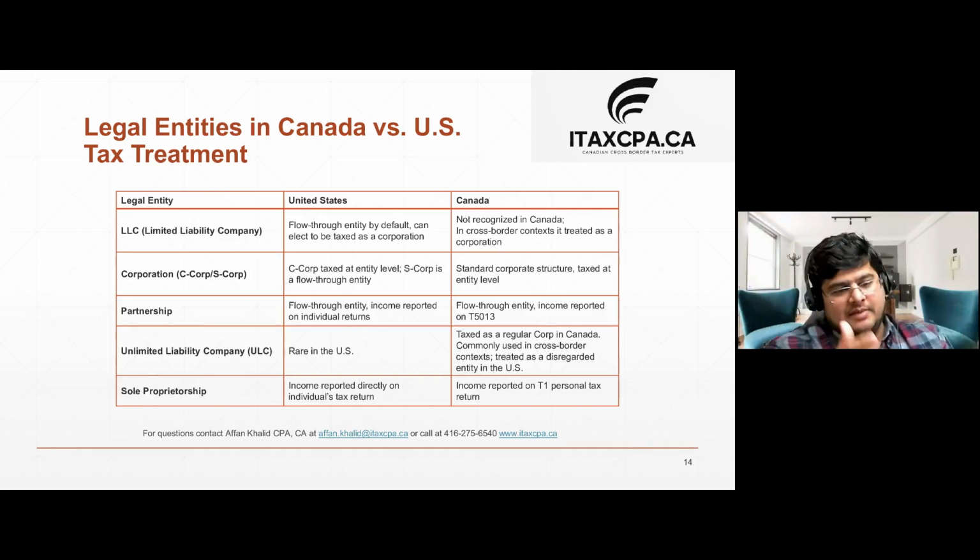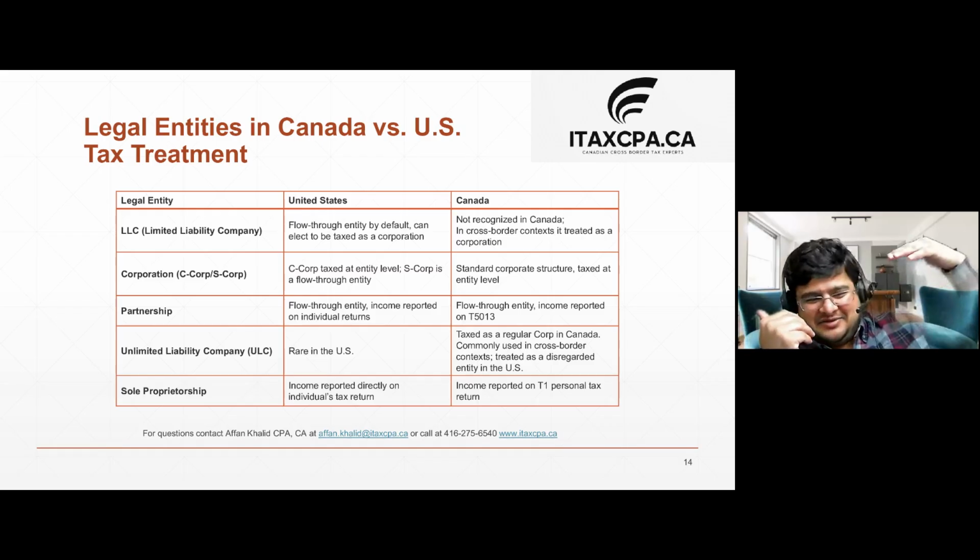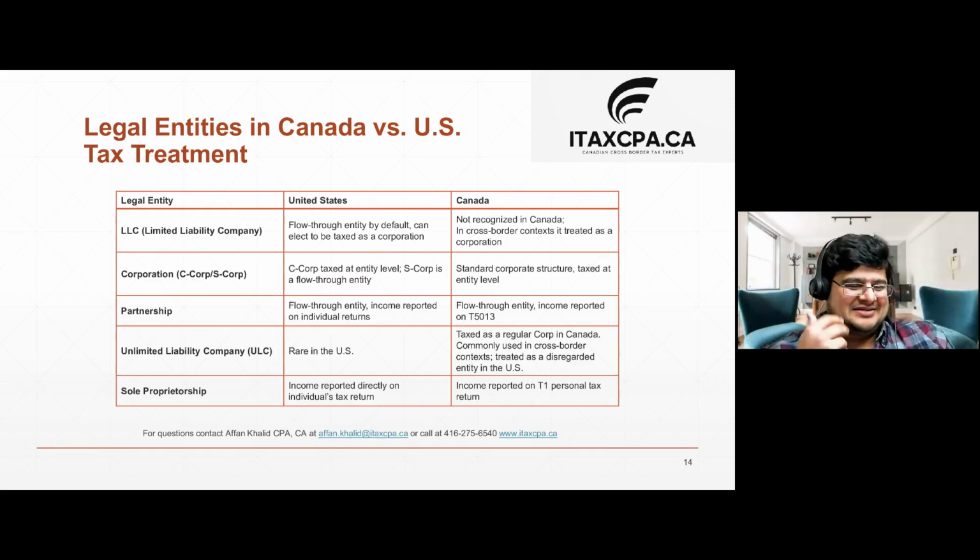So when US companies are setting up structures in Canada or acquiring a Canadian subsidiary, they might prefer a ULC because it offers flow through treatment from a US perspective. But from a Canadian perspective, as I said, a corporation is a corporation. If you incorporate, you can call it ULC, limited liability, LLC, it is a corporation and will be paying taxes.